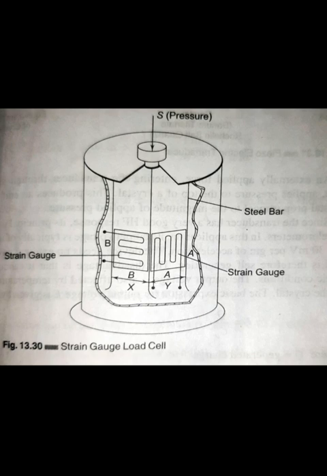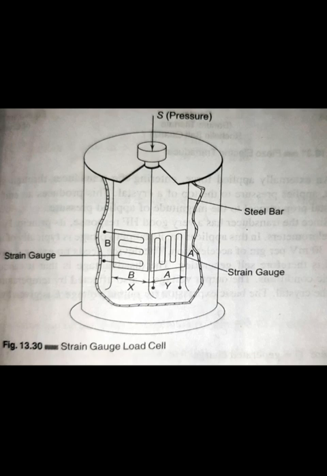A strain gauge is constructed of very fine wire or foil set up in a grid pattern and attached to a flexible backing. When the shape of the strain gauge is altered, its electrical resistance changes.